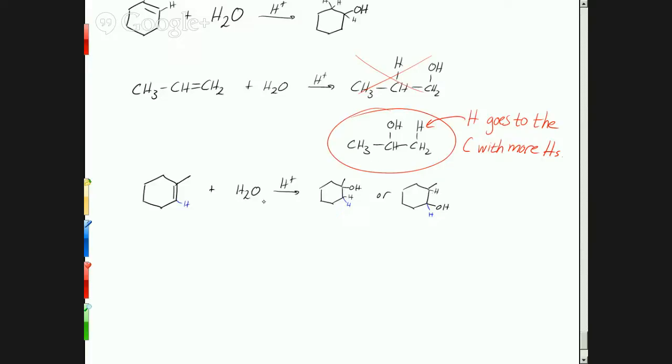So which one shows this black H going to the one where there's more H's? The first one. So there was already a hydrogen here, so that's where this hydrogen goes. So that's the product. That's the preferred product in the addition reaction.